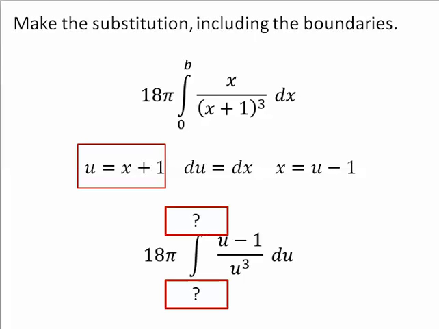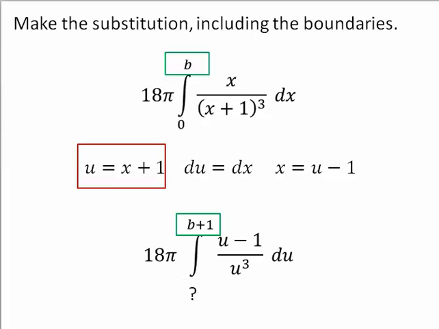Okay, now I'm ready to focus on the bounds. Now keep in mind that whatever x is, u is going to be 1 more than x. So if x equals b, u is going to equal b plus 1. And if x equals 0, u is going to be 0 plus 1.